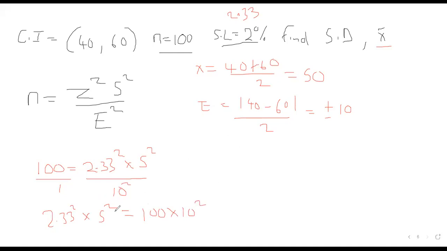So we divide both sides by 2.33 squared, even here 2.33 squared. So this cancels. So we're going to have s squared is equal to what? 100 times 10 squared divided by 2.33 squared.